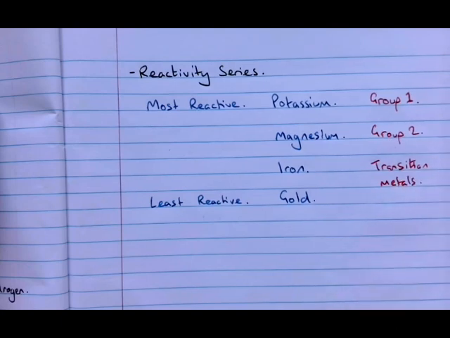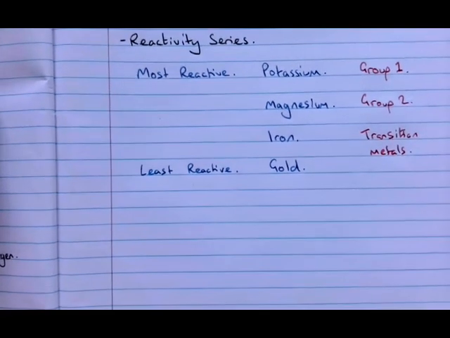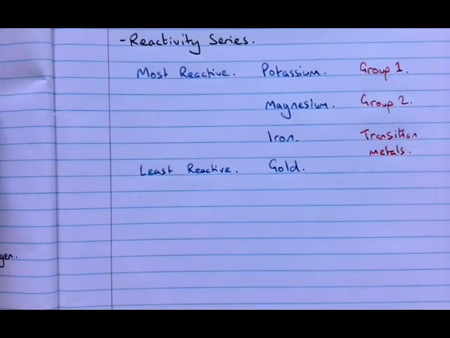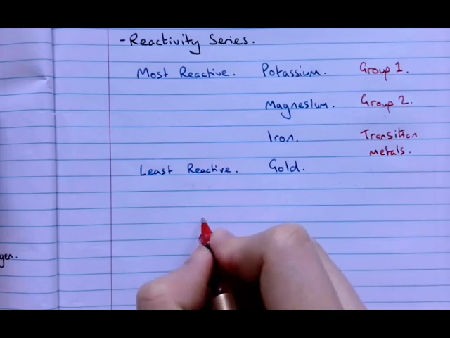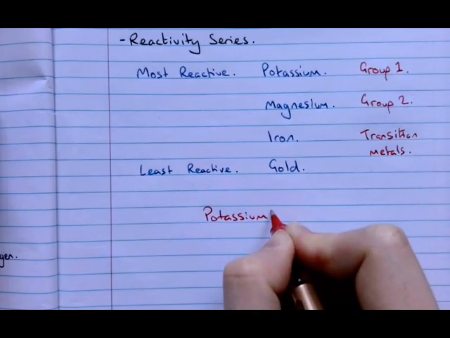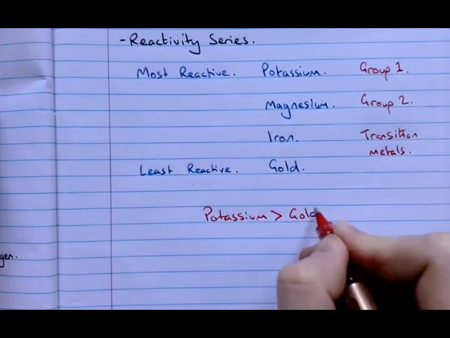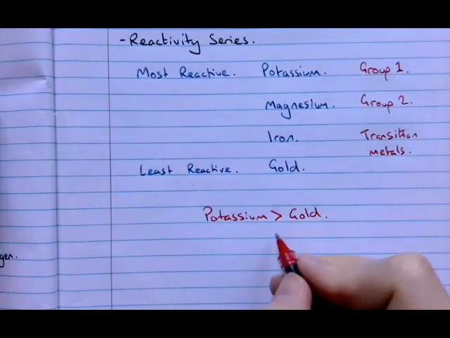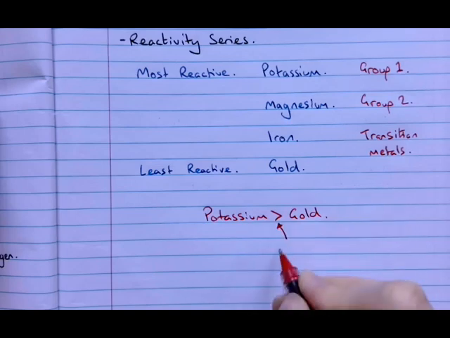And the final thing you need to know is that sometimes we use the greater than or less than symbol to talk about reactivity. So we might say that in terms of reactivity, potassium is more reactive than gold, where this symbol we can use to say more reactive.